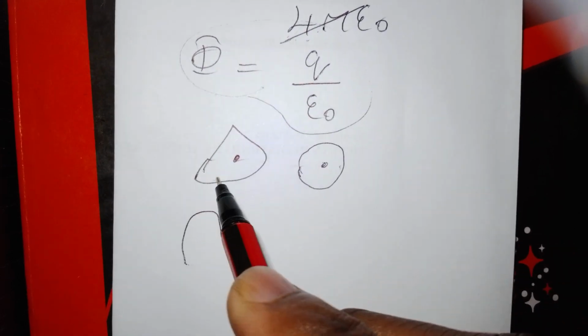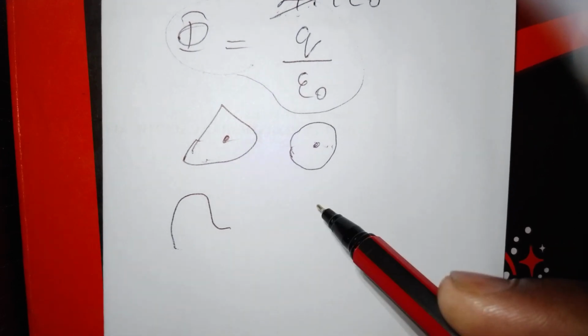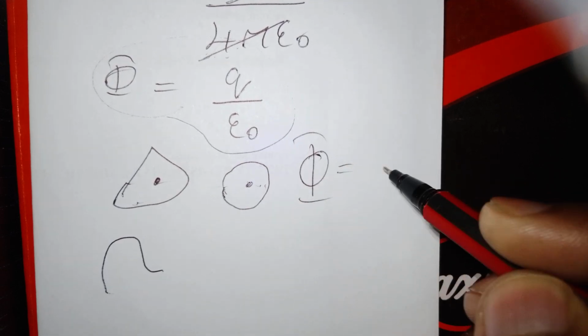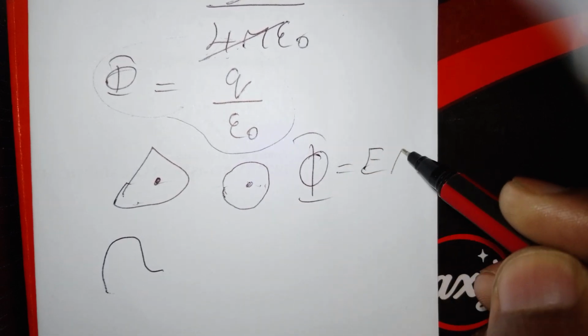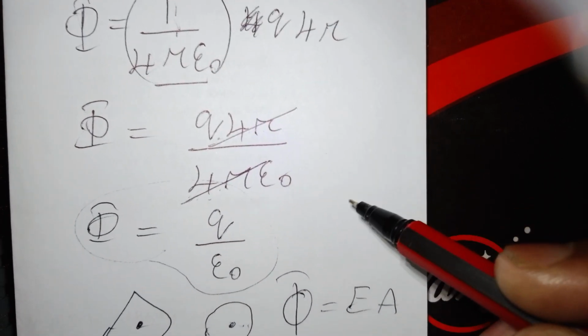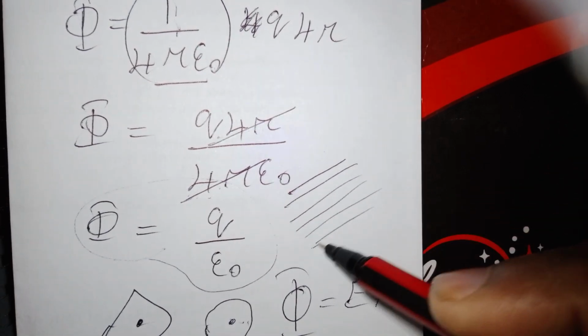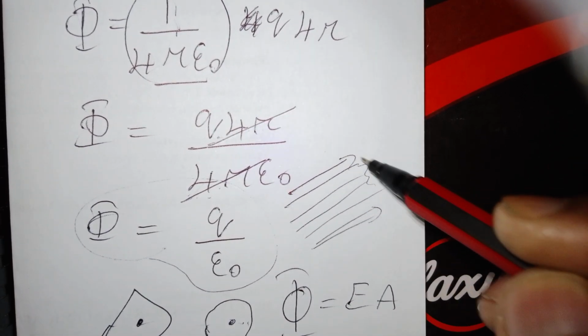So since we said it is for any closed surface, let's do this. It doesn't matter whatever it is, as long as you've got a charge, the electric flux is given by E, the electric field, times the area. Remember, the electric flux is just that amount of the electric field that has passed through a specific area.